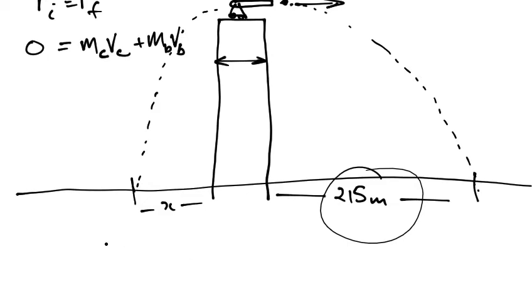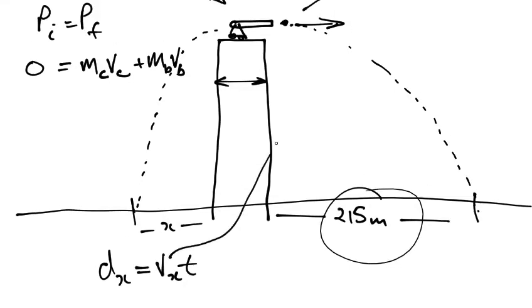Well, that horizontal distance, let's call it dx, is equal to vx times t. And vx in this case is that, because the horizontal velocity with which the cannon is shot doesn't change. It doesn't change because gravity doesn't act horizontally.